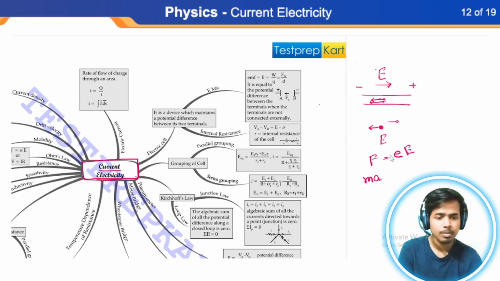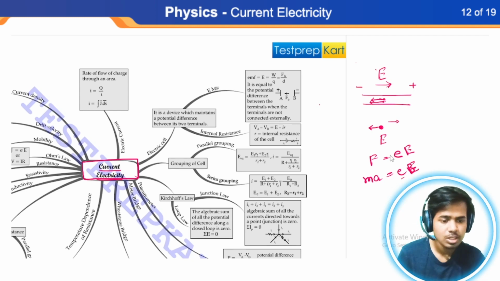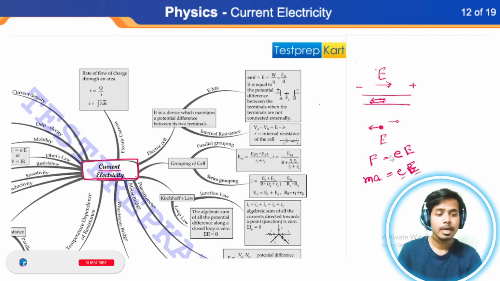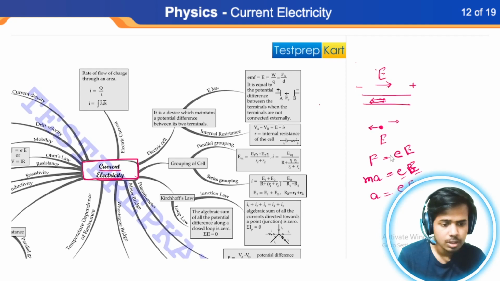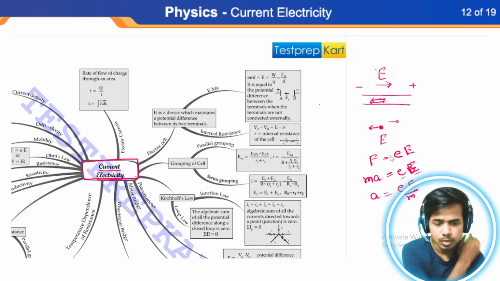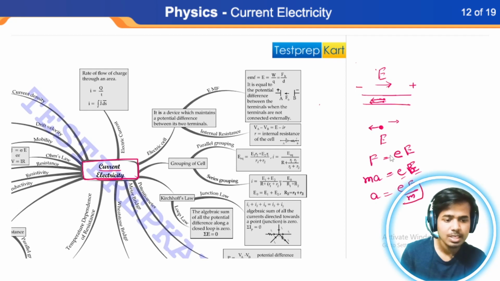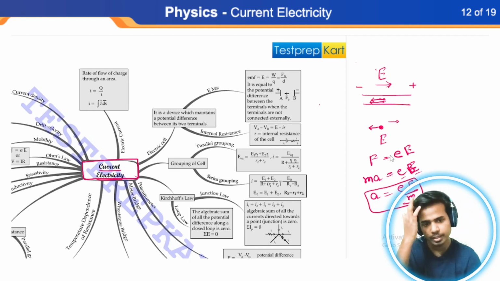So I can write mass into acceleration is equal to the force, that is equal to e into capital E. Small e is the charge on the electron, capital E is the electric field intensity. So acceleration from here you get by m. So there is some particular acceleration that the electron will have.